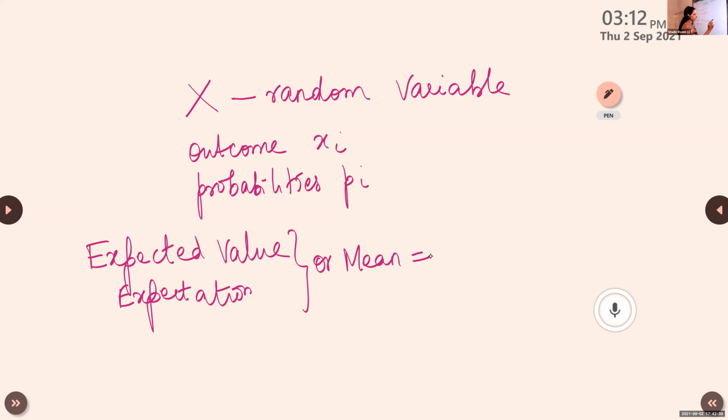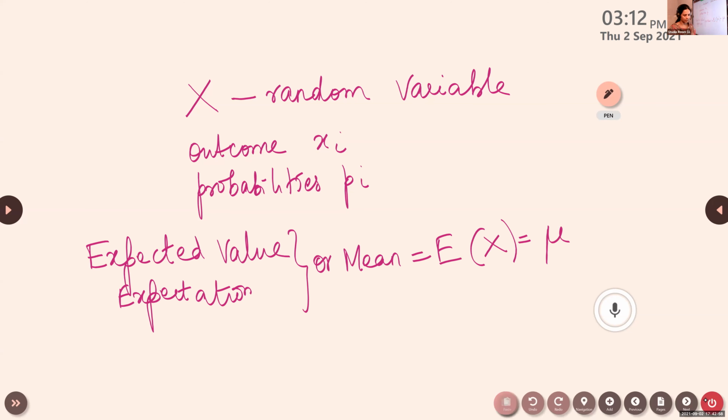We denote this as E of x, which is equivalent to mean. We denote this as mu. All these notations are equivalent. Expected value or expectation of the random variable, we denote as E of x. Mean we denote as mu, and it is given by sigma xi into pi.